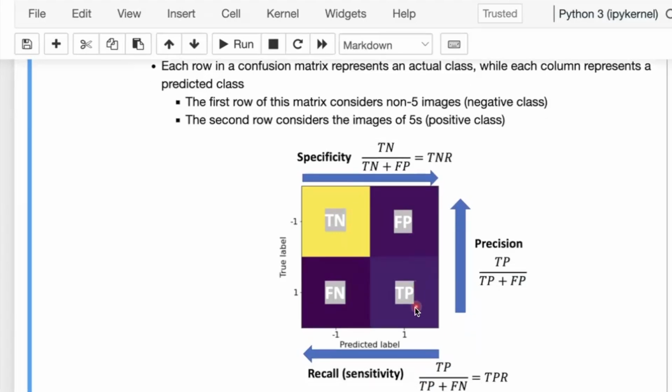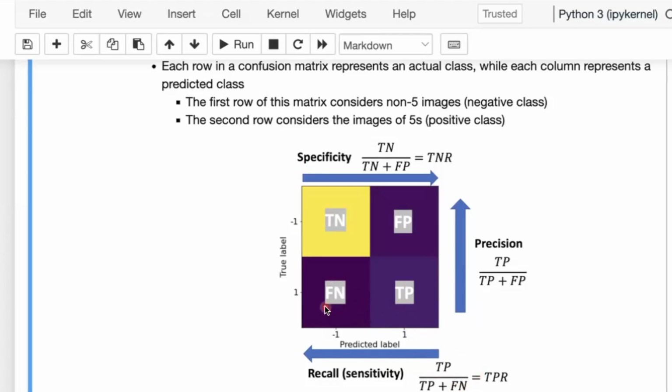On the other hand, we have something called recall. Recall also is called sensitivity in some textbooks and literature. It is defined as the true positives over true positives plus false negatives. So what does this mean?